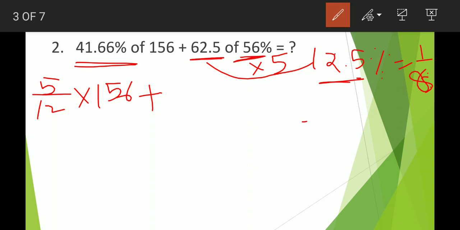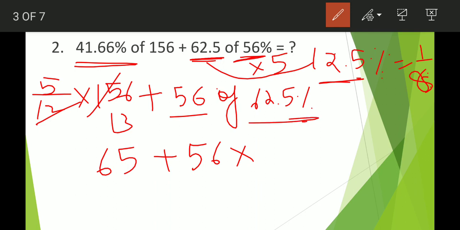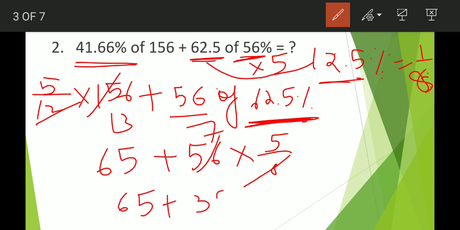But since 56% is there, and it's not 62.5%, first we have to interchange it as 56 of 62.5 percentage. Just calculate the first portion, and we will get 65 from it, and from the second portion, 56 of this 62.5% can be written as 5 over 8. So if we simplify, we simply get 65 plus 30, that is 100, as our answer.